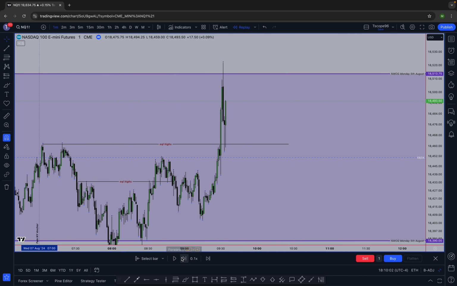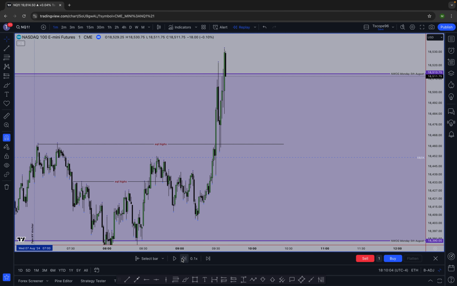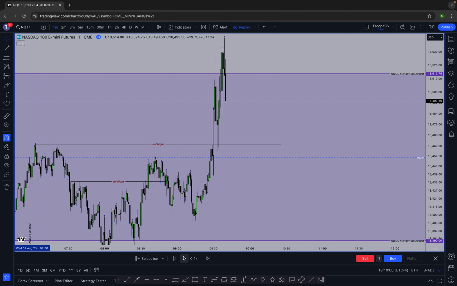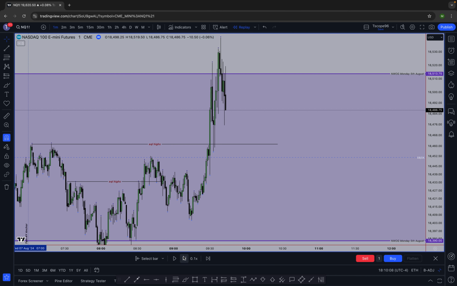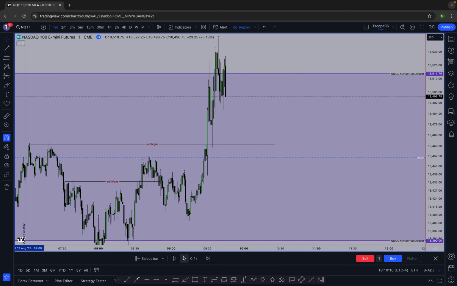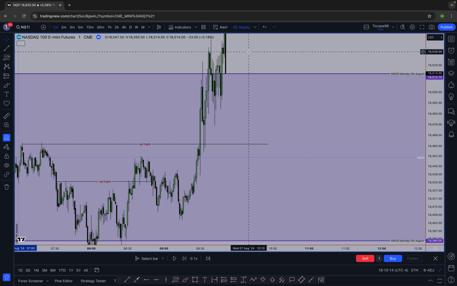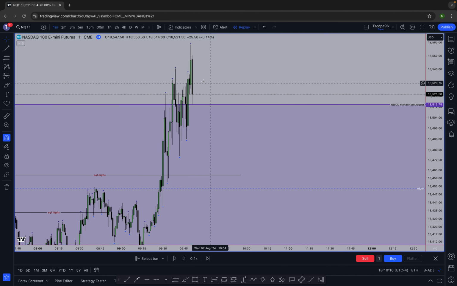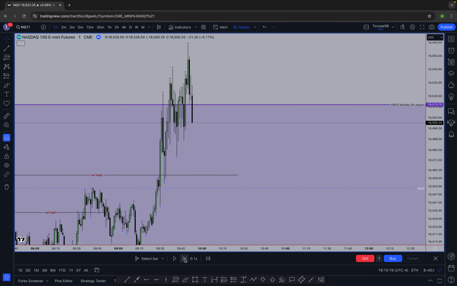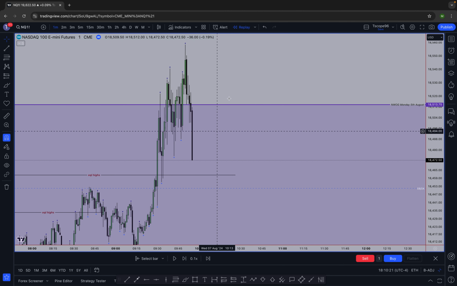Sorry, the new week opening gap. Let's see what happens next. Okay, so we go slightly higher than that. Okay, still pushing higher. Okay, so we've got our market structure shift.